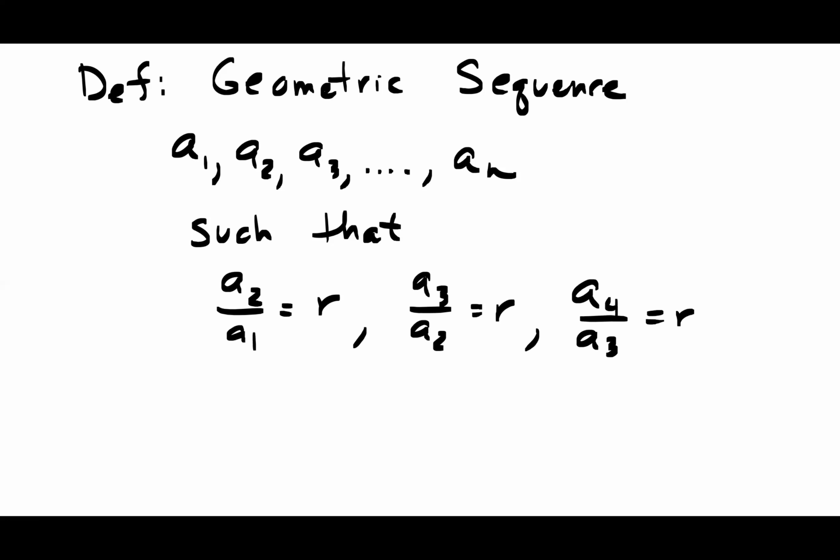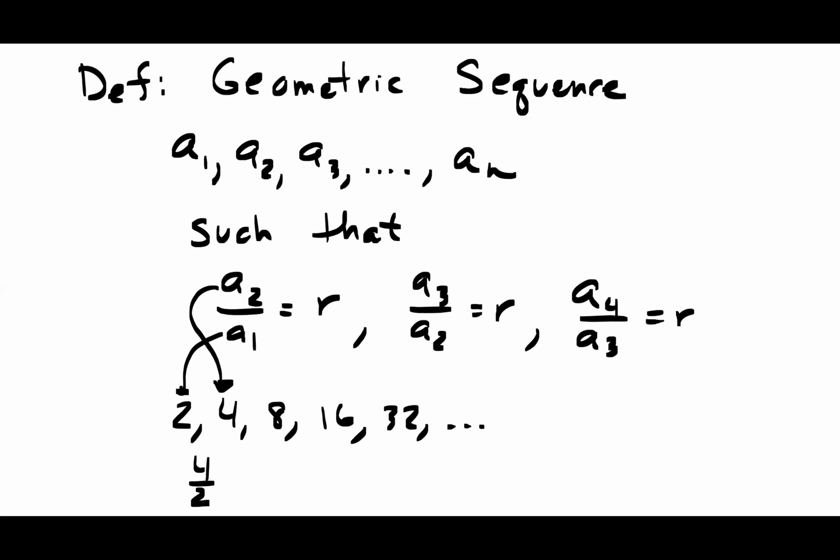So that's the proper definition. It's a little bit abstract, but let's go back to the sequence we just made: 2, 4, 8, 16, 32. Notice what happens here. If I take the second term, which is 4, divided by the first term, a2 divided by a1, 4 divided by 2 is 2.